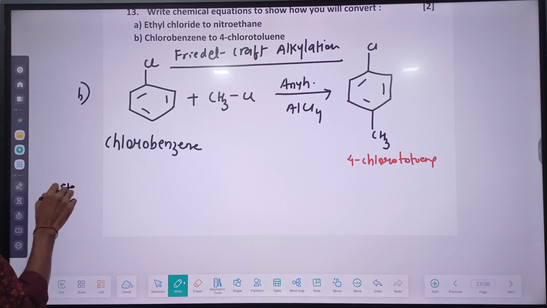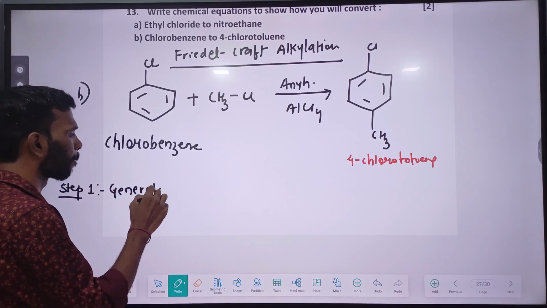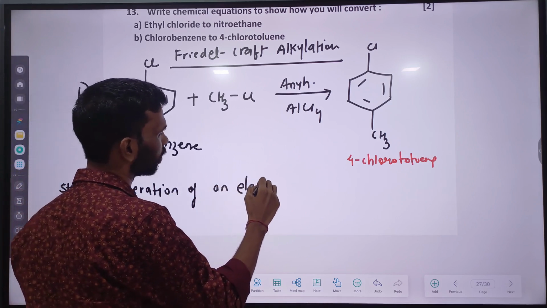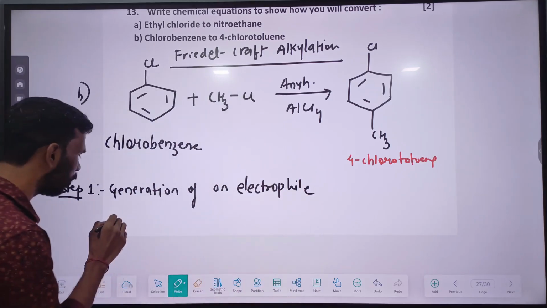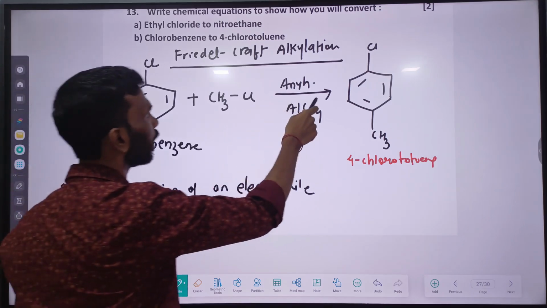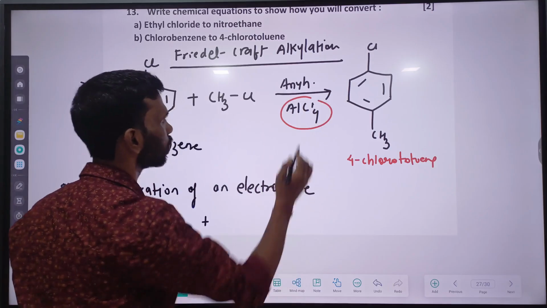Step 1, generation of an electrophile. First, how will the electrophile be generated? CH3Cl, and this is the anhydrous AlCl3, not Cl4, Cl3.